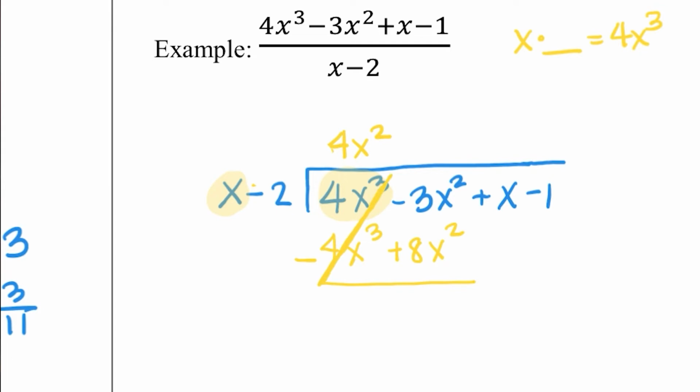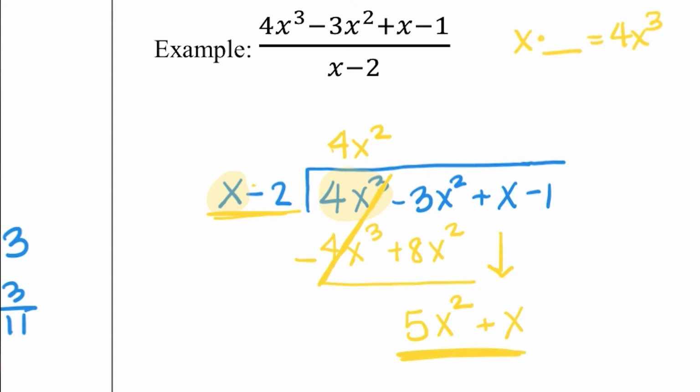So then we have 8x squared and a negative 3x squared. That gives us 5x squared. And then we're going to bring down the next term, the plus x. However many terms you have out here, that's how many terms you're looking at in here. So we have an x and a minus 2, so we want to look at the 5x squared and the plus x.